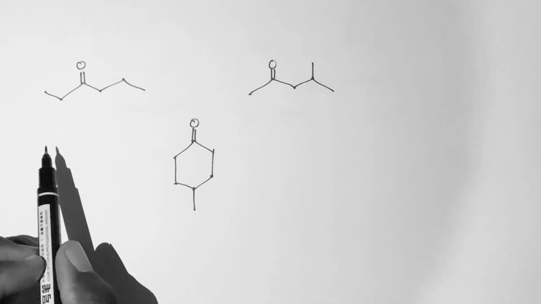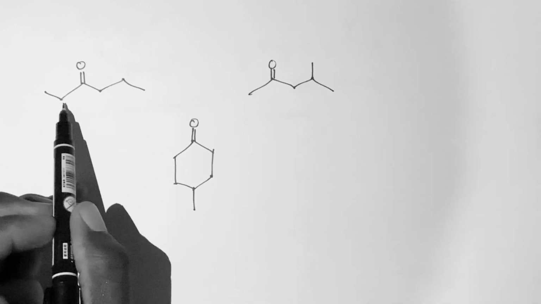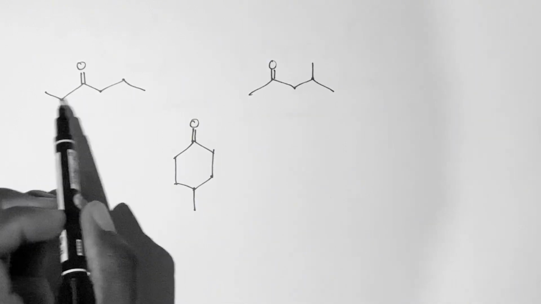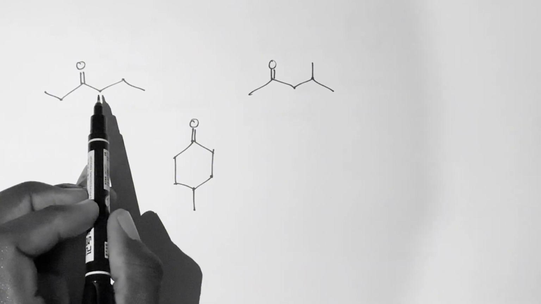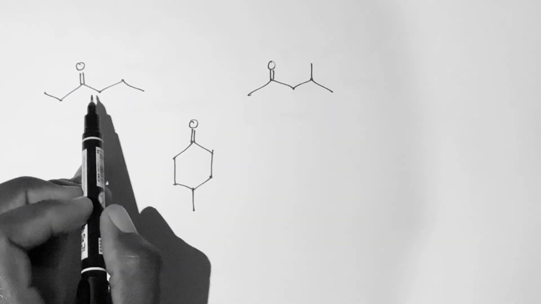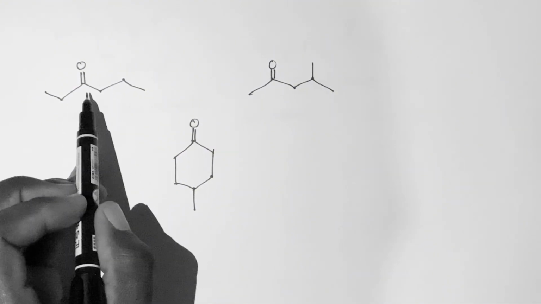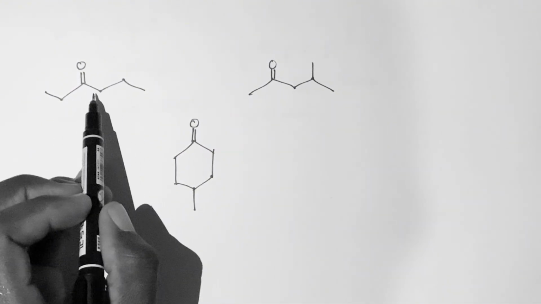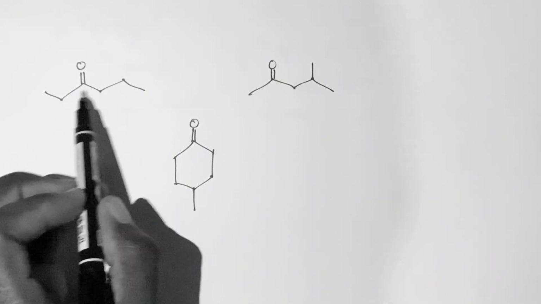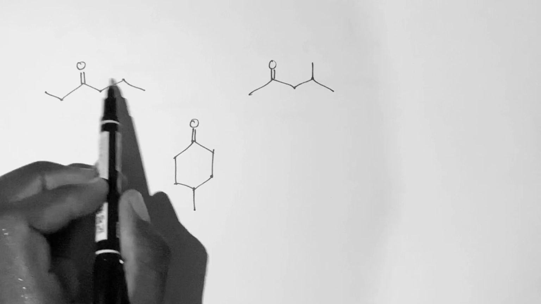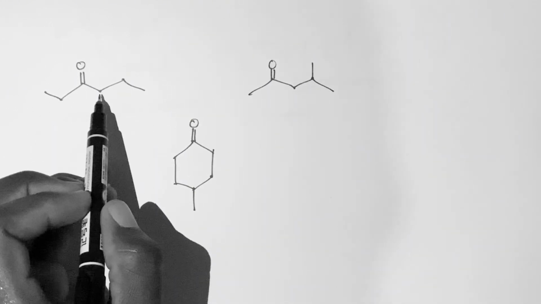So let's come to the case of ketones. Let's consider this and name this. So the first thing is to identify the parent chain. But if you notice, you see that for the aldehydes, because always the aldehyde functional group is a terminal functional group, we didn't consider the position of the functional group itself. But for the ketone, it could appear anywhere, and therefore the position of the carbonyl carbon is very important.